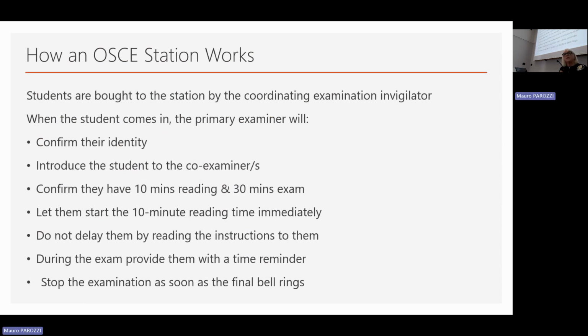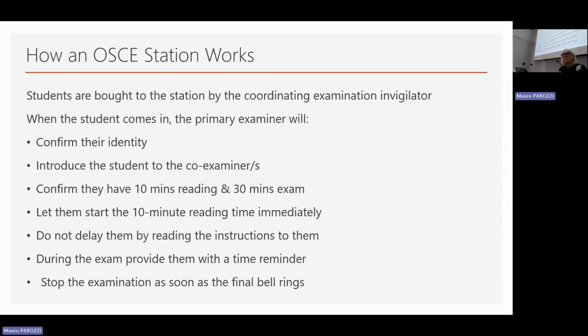So students are typically brought to a station by the coordinating examiner and invigilator. The primary examiner will confirm their identity and introduce the student to the co-examiner. Students typically have 10 minutes reading and 30 minutes exam time. Let them start the 10-minute reading time immediately, and don't delay them by reading the instructions to them. It's not your job to do that.